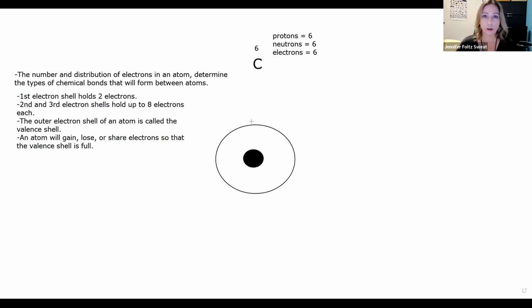Now we will start to create our electron shells for carbon. This little black dot is an electron, and here is an electron. So I've used 2 electrons. Remember, carbon has 6. Now, this first shell can only hold 2 electrons, and since I have 4 more to distribute, I'm going to have to draw another shell.